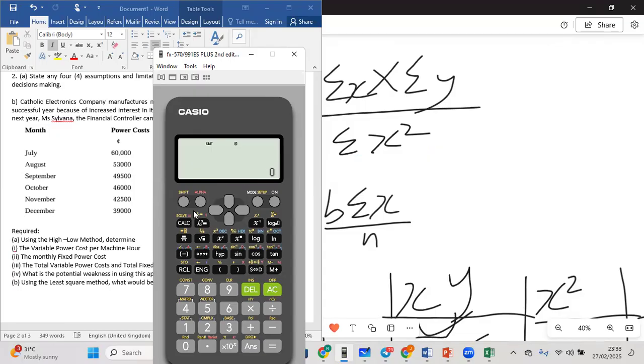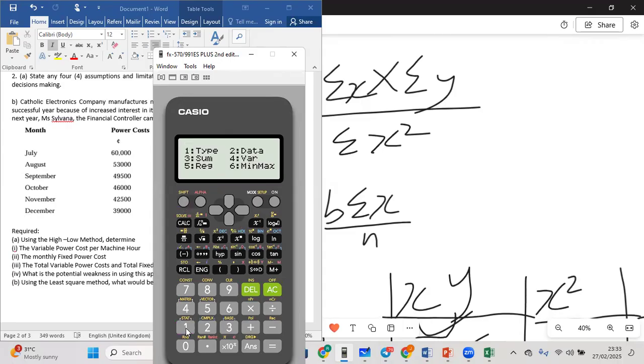Press AC again, shift 1, 3. If you want to get for y, it's plenty. Press AC, then 3 again. You see there a whole lot here, the summation of xy. You are going to get all of them in here, but we are looking for A and then B. So let's go for A and then B.